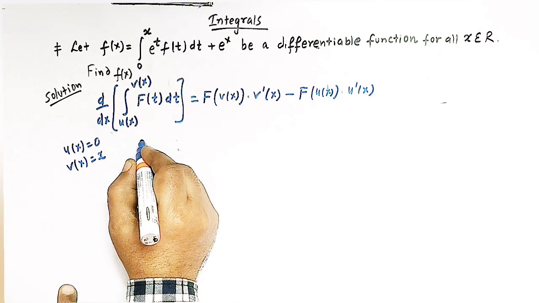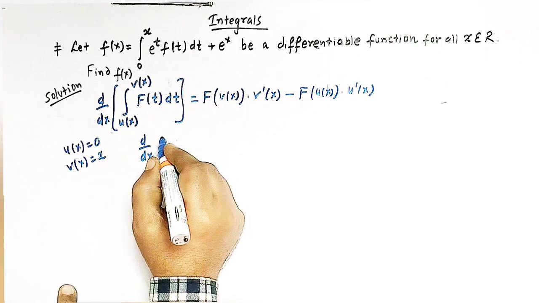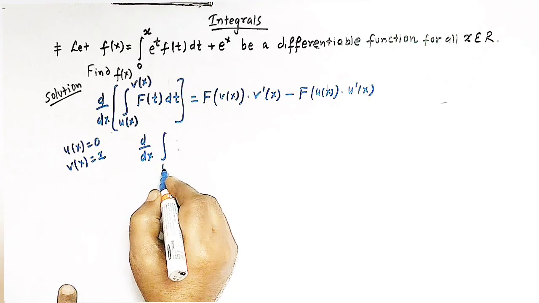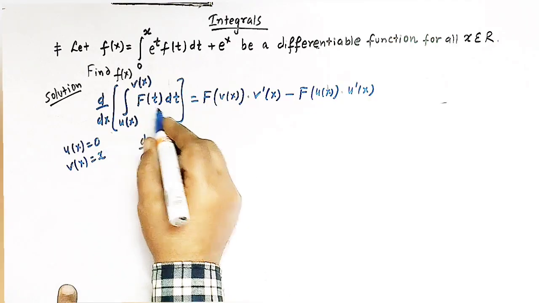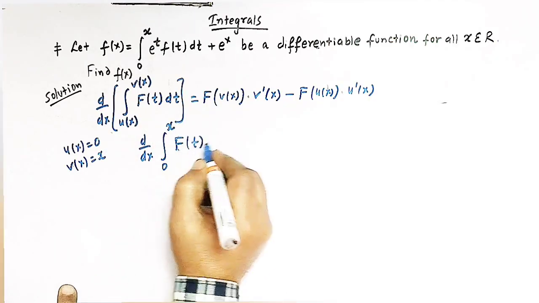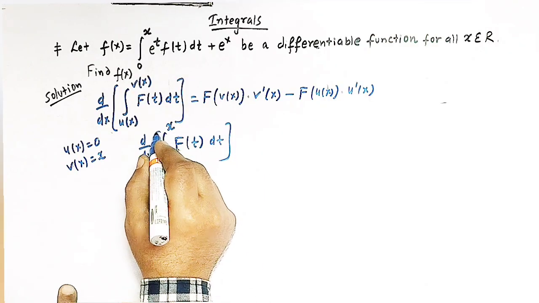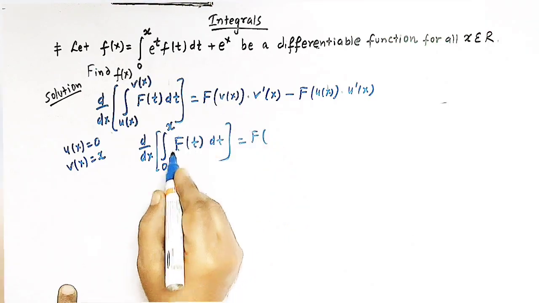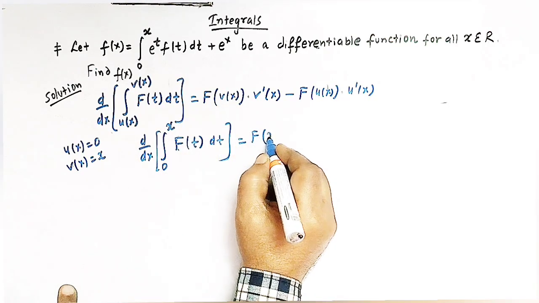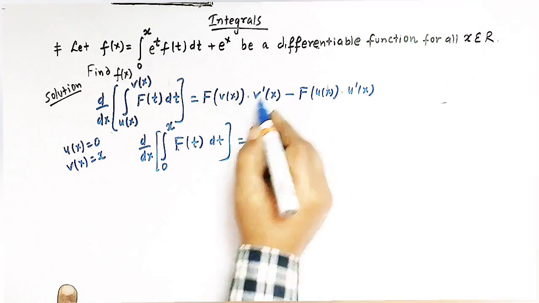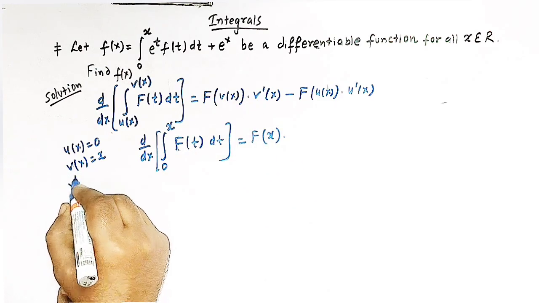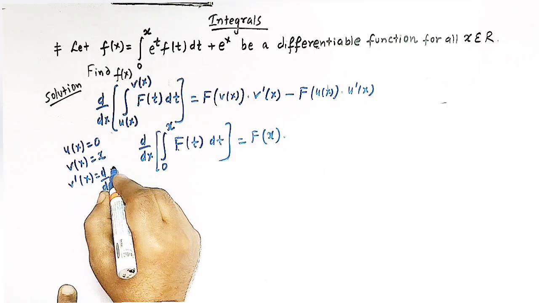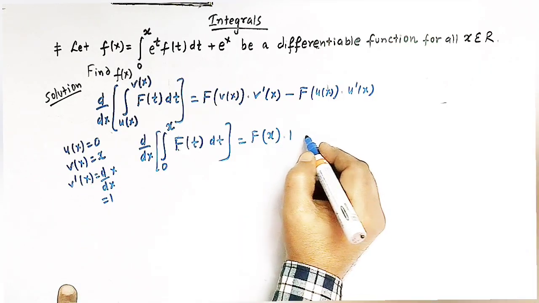Then this rule can be written like this, that is d by dx of the integral 0 to x f of t dt, and then we write here f of v of x. So v of x is x, so here we have f of x, then the derivative of v of x, that is v prime of x, is d by dx of x, which is 1. So here we have simply 1.